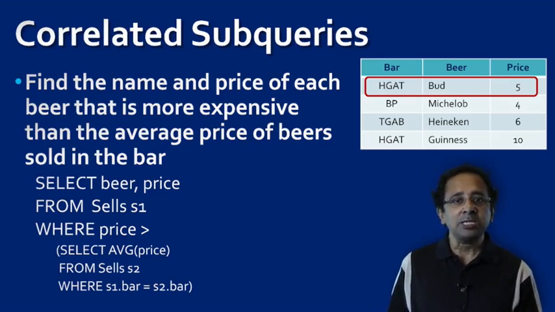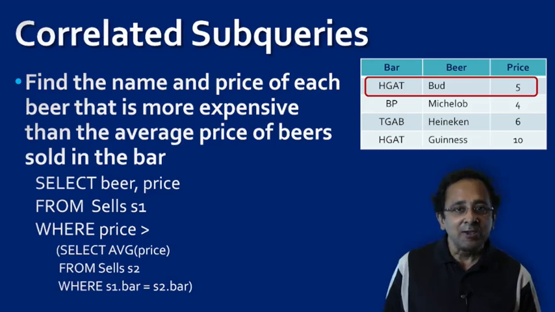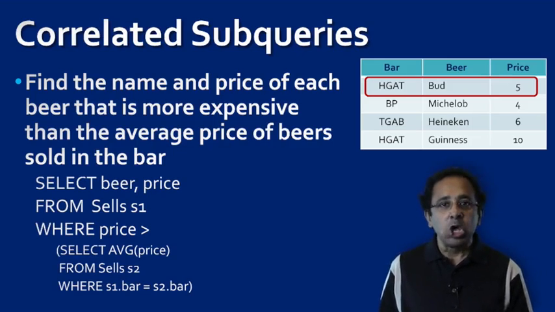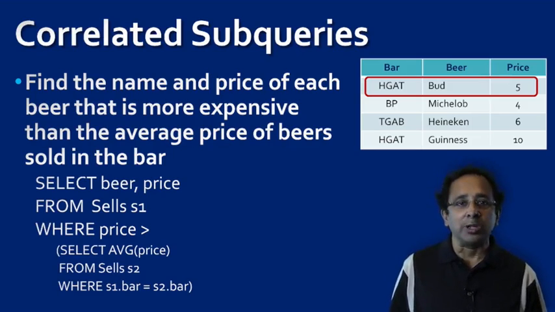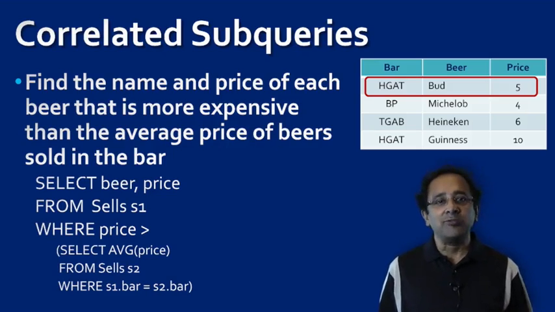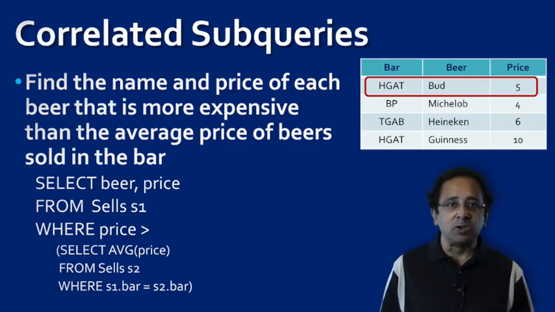The price of Guinness needs to be compared to that average again for HGAT. In fact, for every tuple processed by the outer query, one needs to compute the inner query for that bar. This makes the inner subquery correlated with the outer query. Now, a smart query processor will store the average once it's computed and then reuse the stored value instead of computing over and over again.